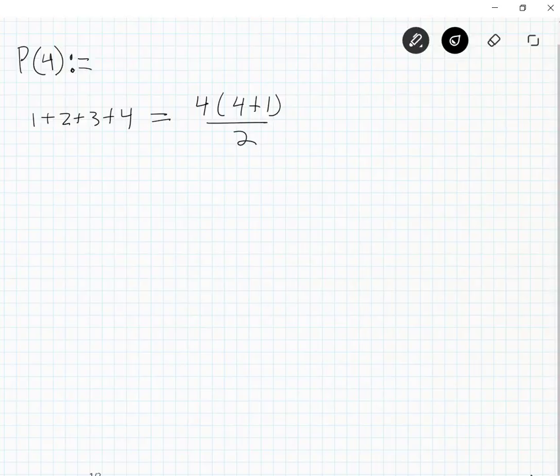In this case, this is actually a true statement, but it doesn't necessarily need to be true. P of 4 could be false. P of 4 in this case is true.